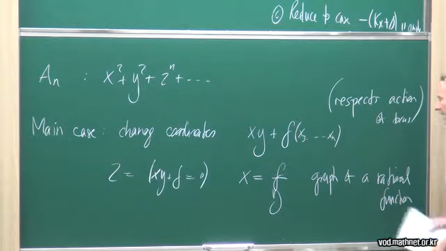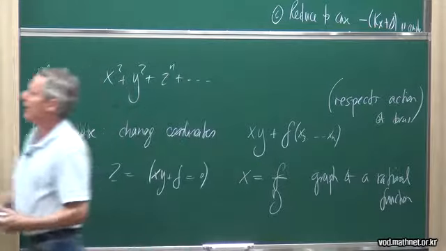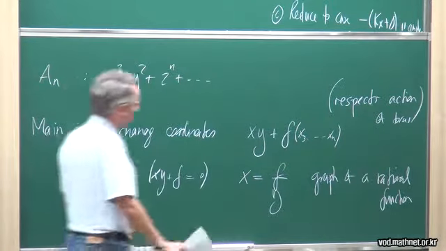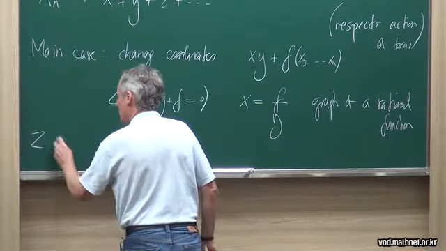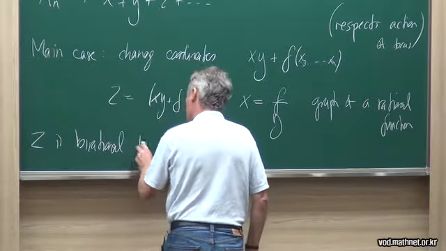And so Z is obviously birational to a hyperplane section, and then you take a GIT quotient of that, and again that's a toric variety. So Z is birational to a toric variety. In other words, it's rational. I mean X. So Z is birational to a coordinate hyperplane.